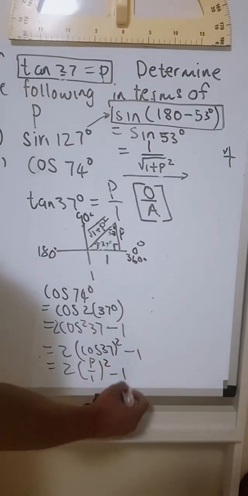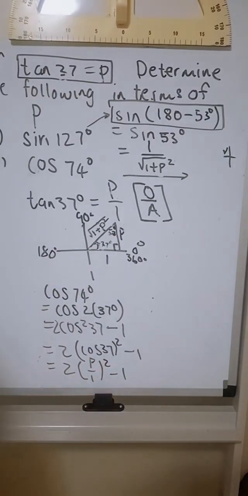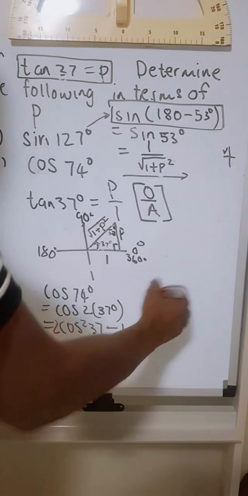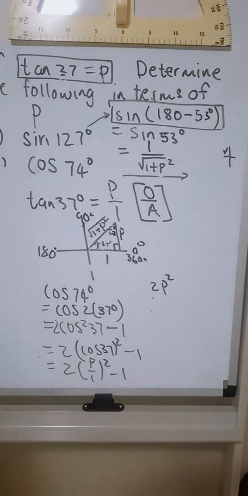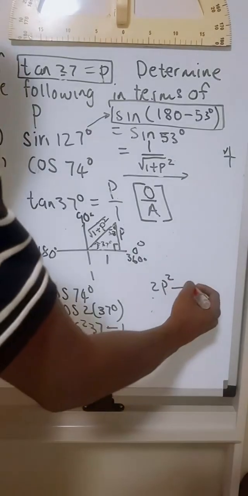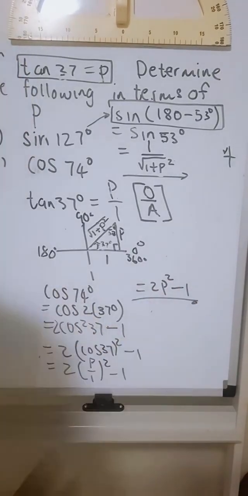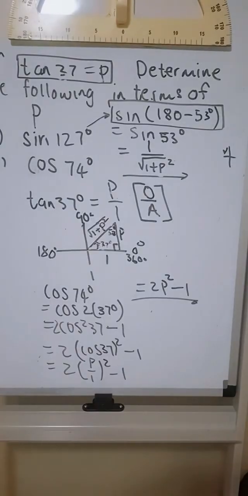Then we square it. So this is 2 into p over 1, which is p, squared is p squared, so 2p squared minus 1. This is basically the expression of cos 74 in terms of p.